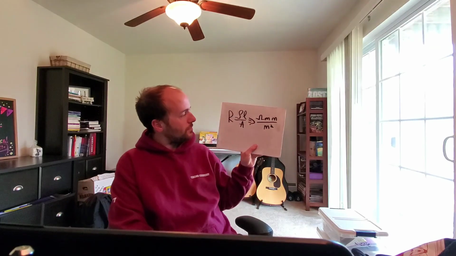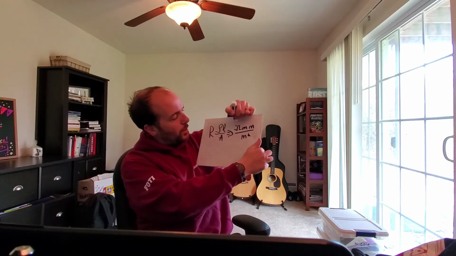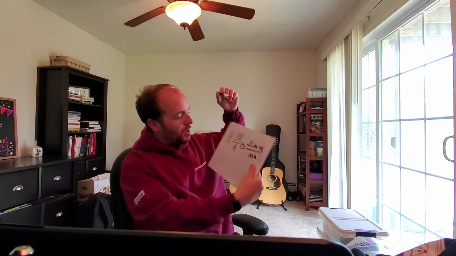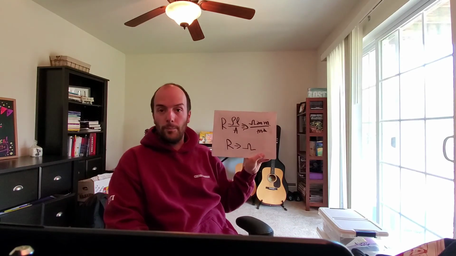We have R equals rho L over A, which leads to ohm meters times meters over meters squared. Ohms times meters is ohms times meters squared, divided by meters squared. These cancel, and we're left with resistance being measured in ohms. So the unit for resistance is the ohm.